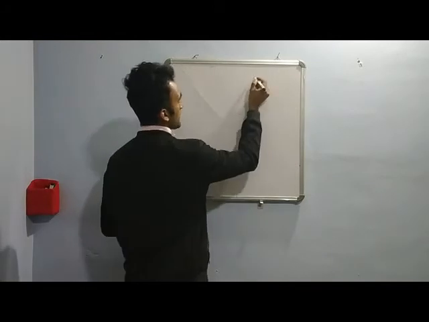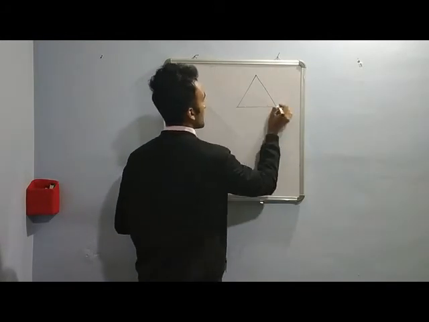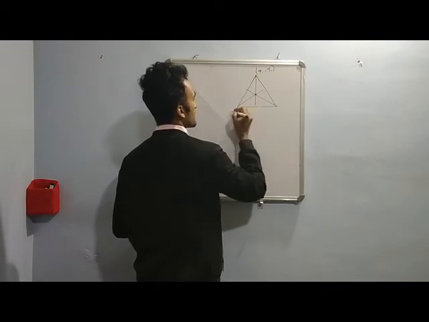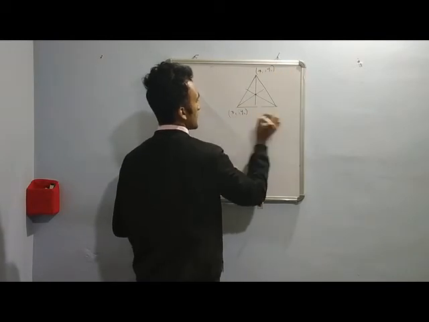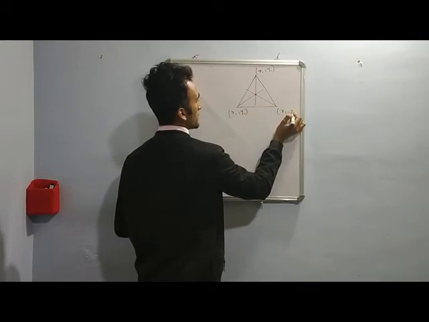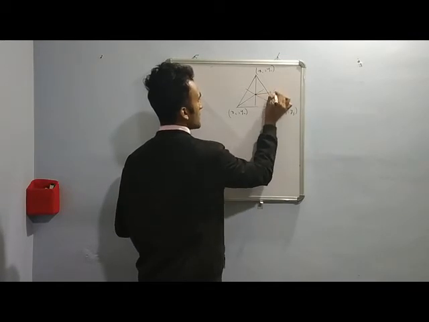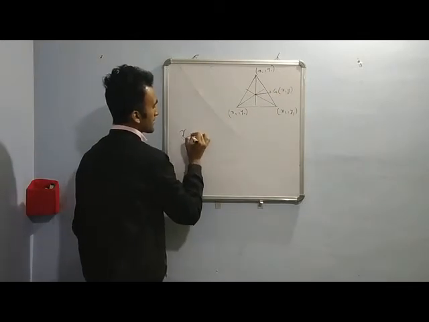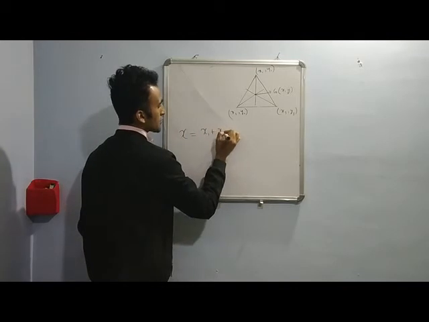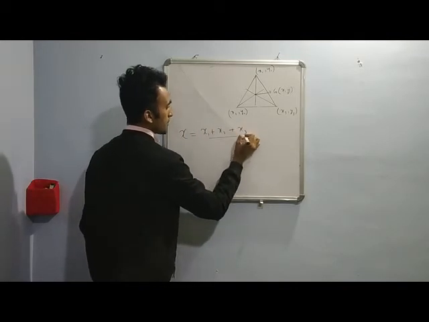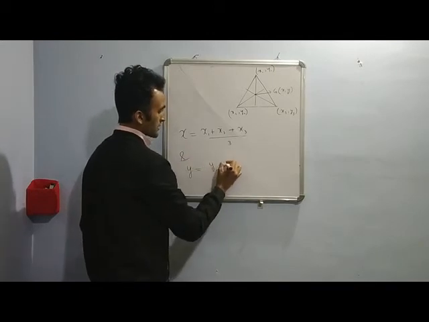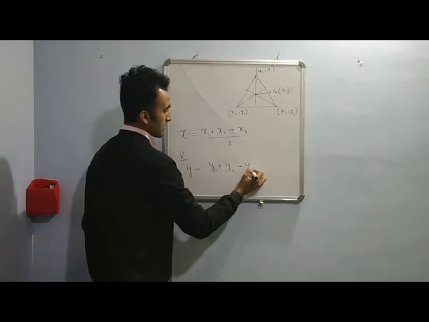So if I summarize everything, suppose you have this triangle, this is x1 comma y1, this is x2 comma y2, and this is x3 comma y3, and this point, let's say this is G, that is x comma y. Then our centroid formula is: x is equal to x1 plus x2 plus x3 divided by 3, and y is equal to y1 plus y2 plus y3 divided by 3.